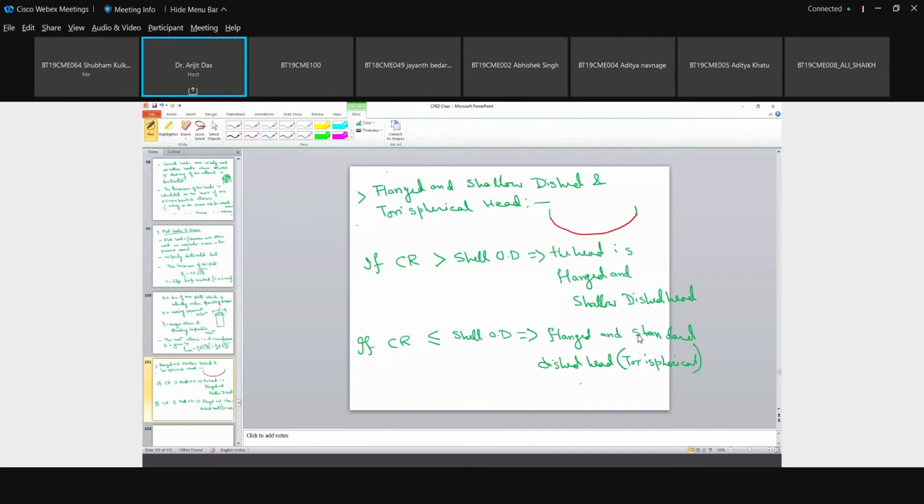Now you see here, due to this knuckle portion, that is a very small inside corner. It is the knuckle.